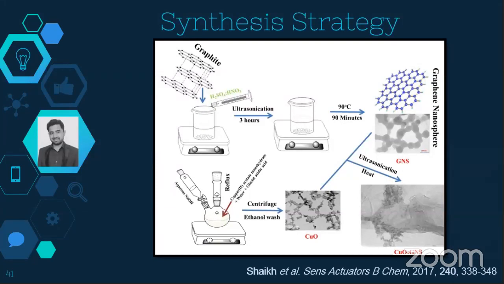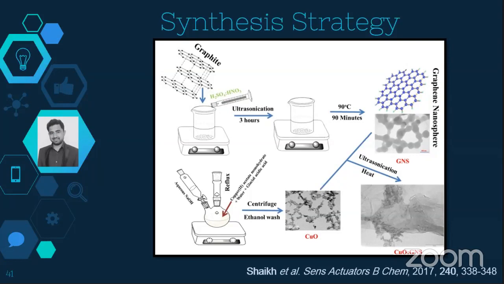What we found is the graphene nanosphere was prepared. The nanoparticle of graphene nanosphere was used further to combine with copper oxide, and their composite was taken, ultrasonicated and heated to give the graphene oxide GNS system, that is your graphene nanosphere.